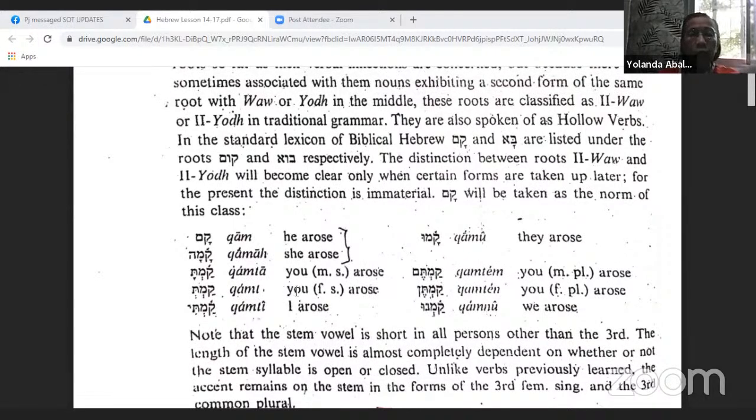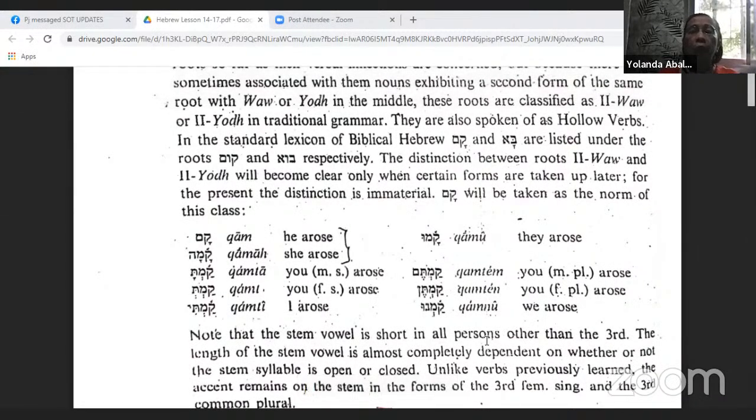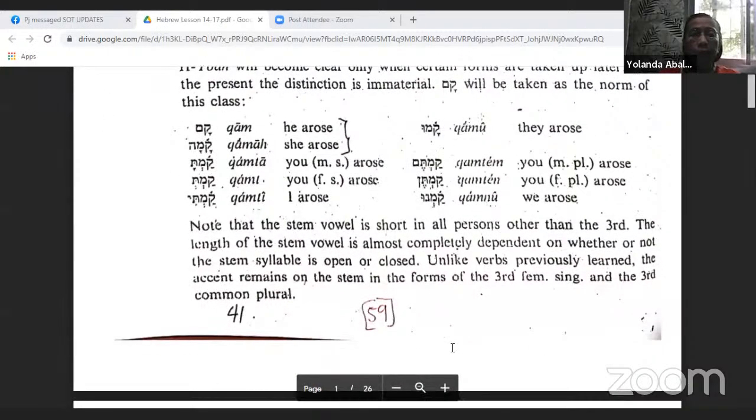Kamt, you woman arose. Kamten, you women arose. Kamti, I arose. Kamno, we arose.